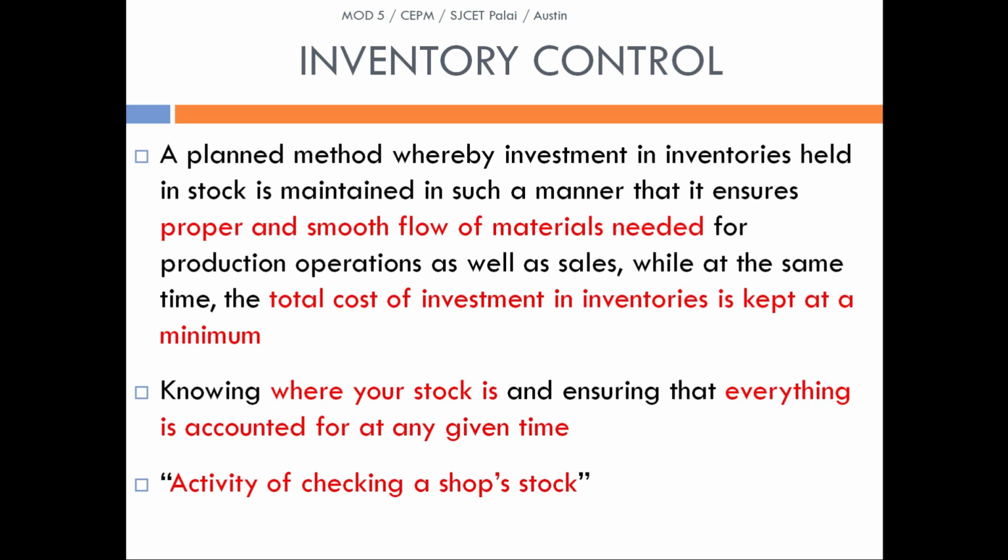For example, if you are talking about the stock of a shop, we know that a particular product is required by around 20 to 25 in a year, all around the year. But there is no point in the shop having a stock of about 100 to 150 per year, because they need a large amount of money to make the stock, make the inventory. At the same time, it will be very difficult for them to store them.